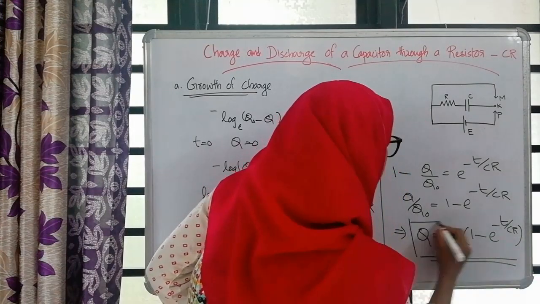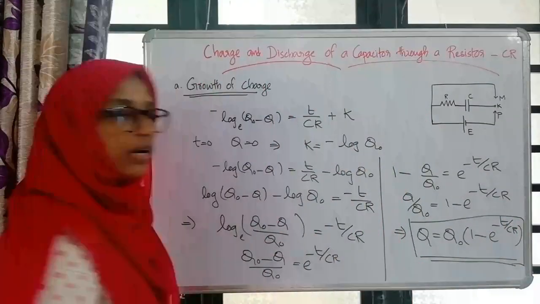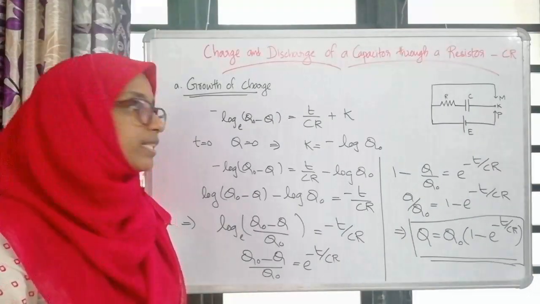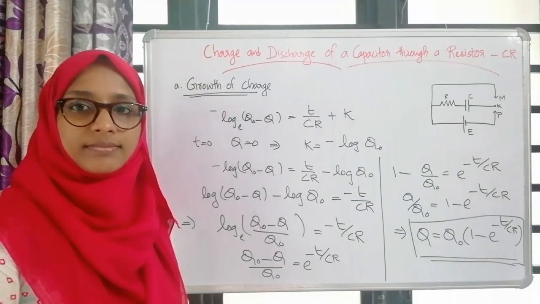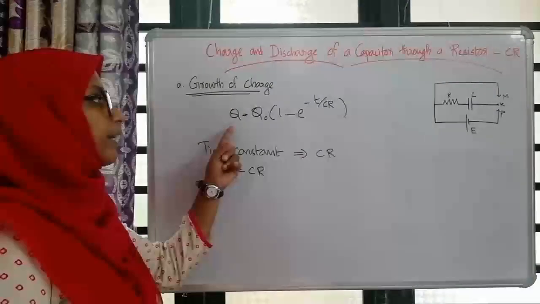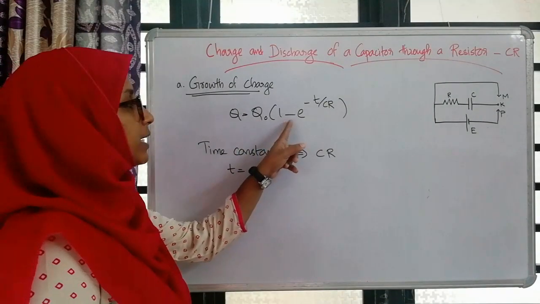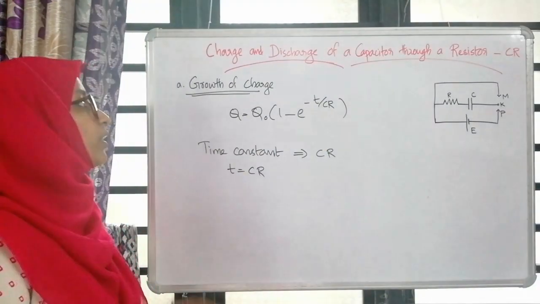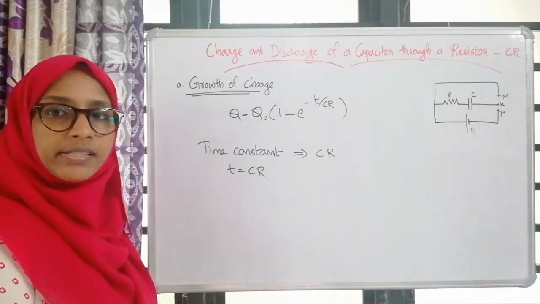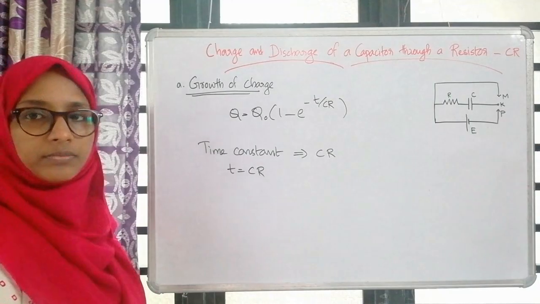That is the instantaneous expression to represent the growth of charge in a capacitor through a resistance R. So, I am repeating, Q is equal to Q0 into 1 minus e raised to minus t by CR is the instantaneous expression for the growth of charge in a capacitor connected through a resistor.